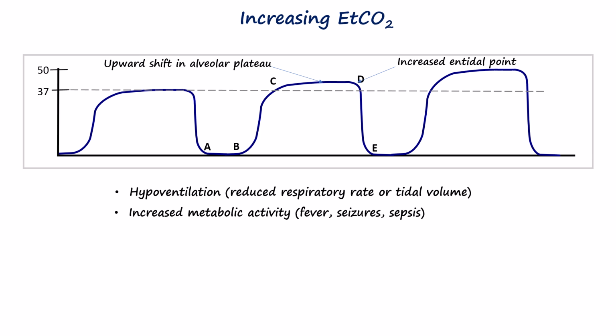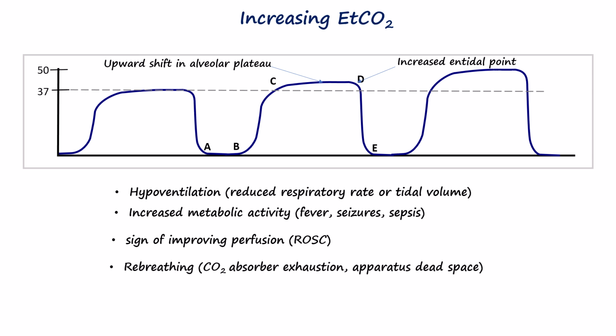A rising EtCO2 may be a sign of improving perfusion, particularly during CPR when return of spontaneous circulation occurs. Additionally, rebreathing of CO2 due to an exhausted CO2 absorber, increased apparatus dead space, and exhalation obstruction can also cause a progressive increase in EtCO2 levels.